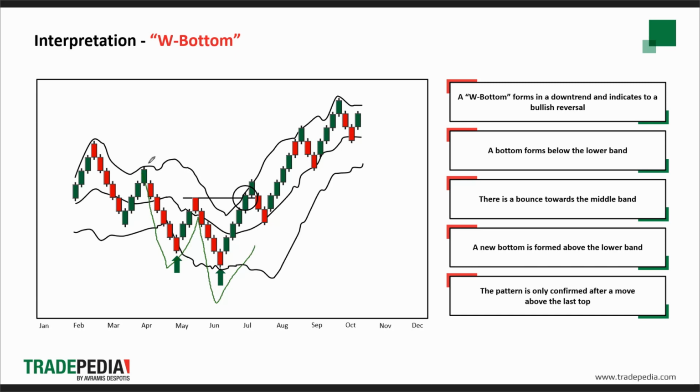We won't know it's a bullish reversal until this candle closes above this red candle high. After it closes, it tends to hit the upper Bollinger Band. Then after that, it retraces back to the 20 simple moving average itself before continuing its further upside.